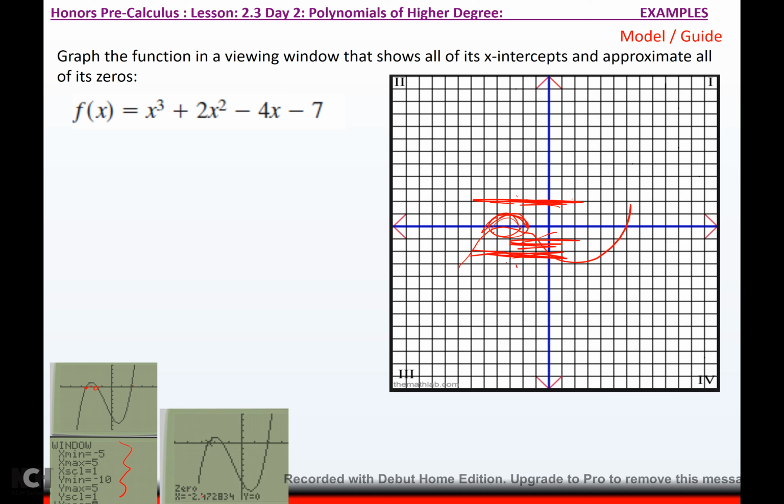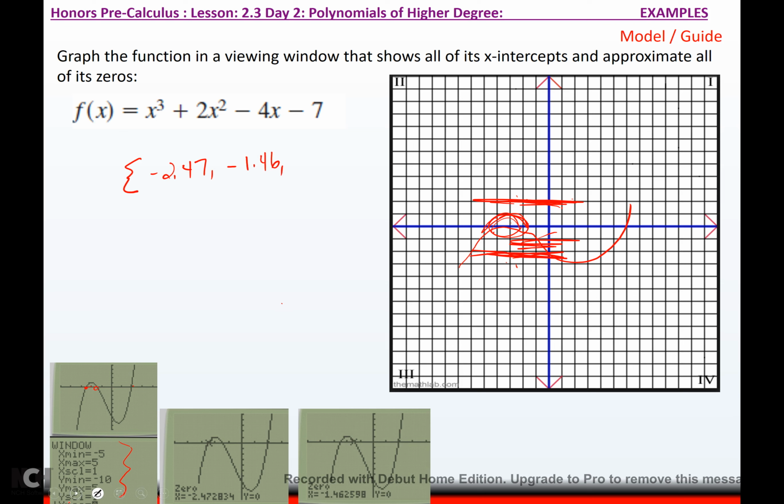I calculated this one, it was at negative 2.47. Then I calculated the next one and got negative 1.46. And then I calculated the next one, and see, look how we're here. You're going, well, that isn't 0, because to get an x-intercept, y has to be 0.